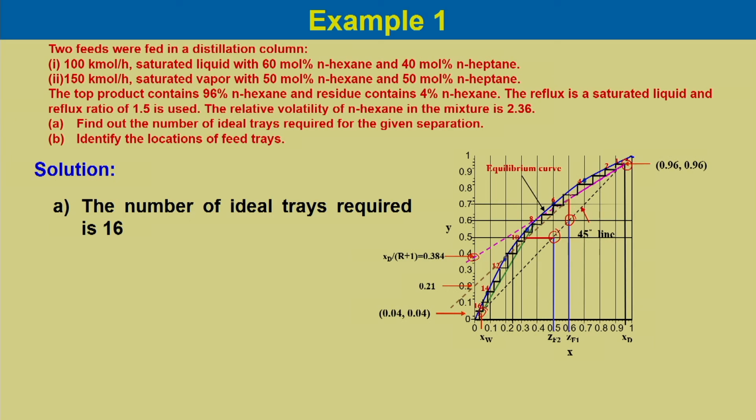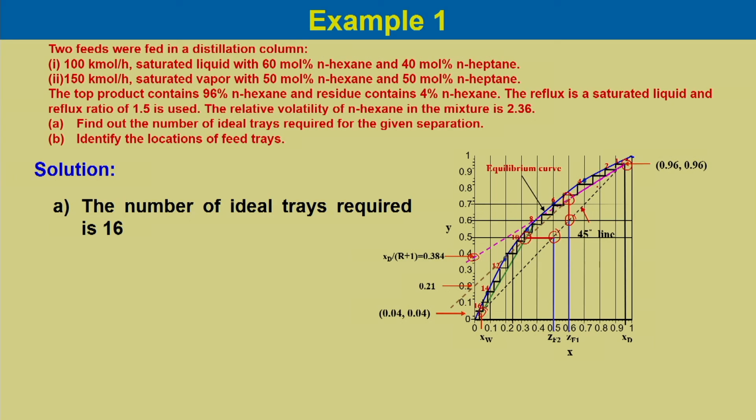We know the intersection point between the feed line of feed 1 and the rectifying section operating line, and similarly with the slope of the stripping section operating line we can get the intersection point between the feed 2 line and the stripping section operating line. Now, we can join these two intersection points for the operating line in the intermediate section.